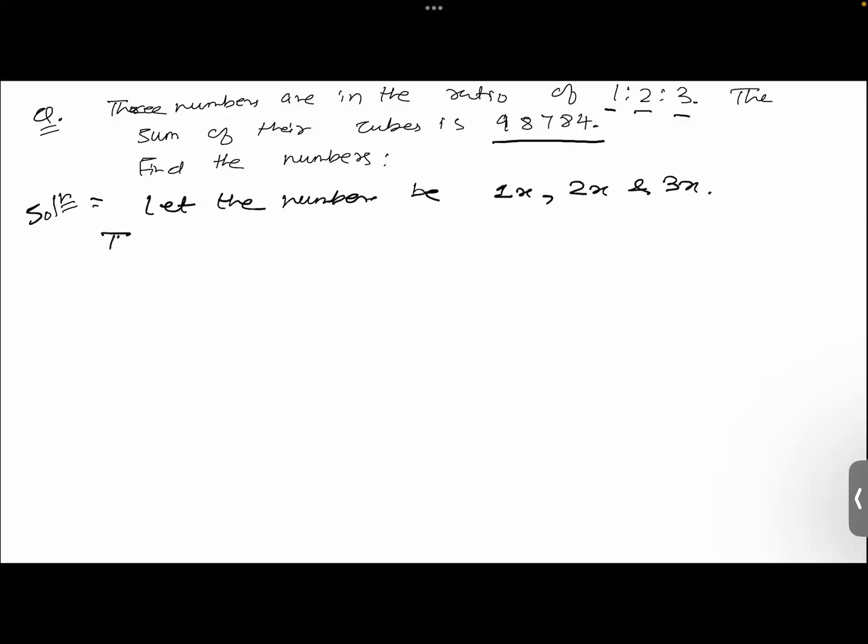Then according to the question, you will add the cubes of these numbers, not the cube roots, and equate it to 98,784. Then you will be able to solve it.